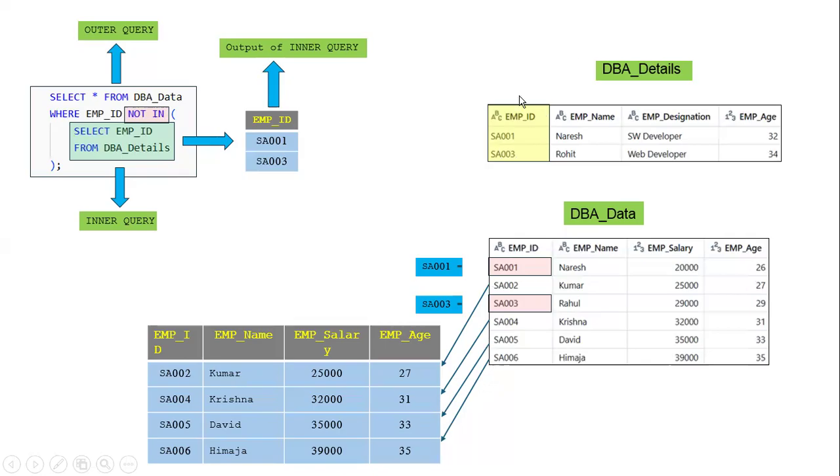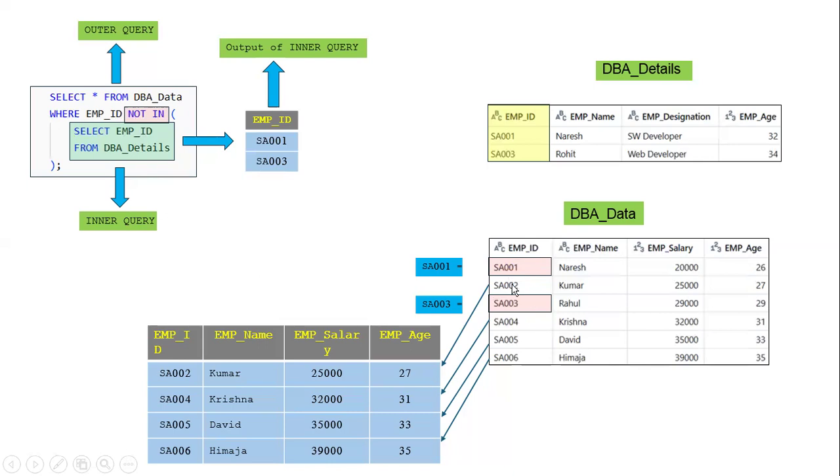So the inner query runs only once. Whatever the inner query output is, we compare with each and every record of table 1. For SA001, since a match is there, this is a common record.